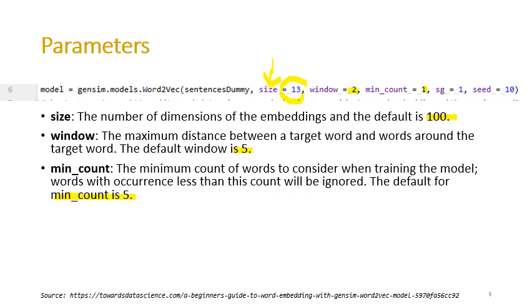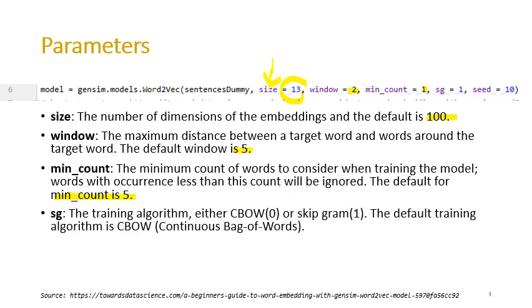Okay, and then next we have the parameter sg. Here I set sg equals 1, which means that I'm going to use the skip-gram model, which was introduced in the word2vec video if you have watched that video. Otherwise, it will use another kind of model to do the word2vec, called the continuous bag of words model.